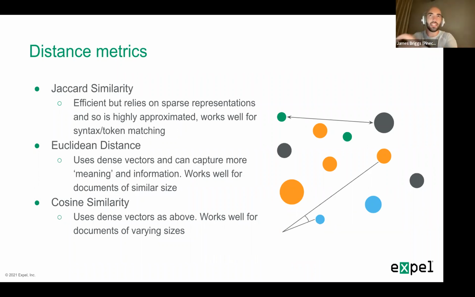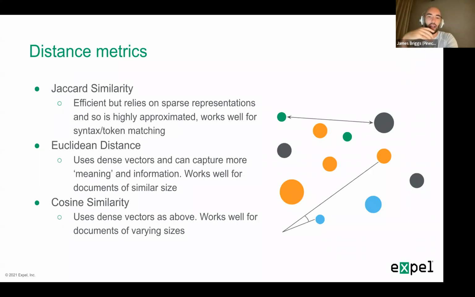After we have those vectors, we want to compare them, as I said before, and there are a few different ways that we can compare vectors. The first one here, Jaccard similarity, is typically what we would do when we have the tokens rather than the vectors.